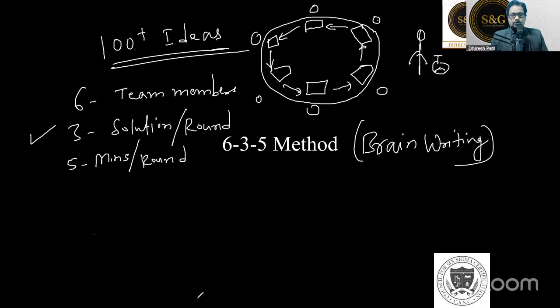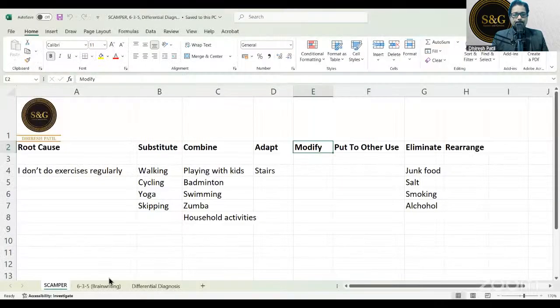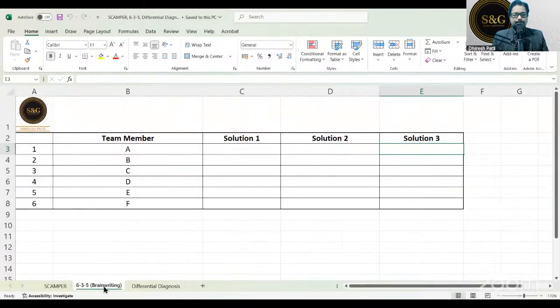Okay, so let me share with you a brainwriting sheet. This is a brainwriting sheet.